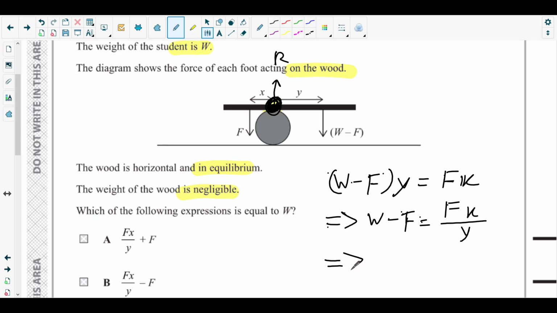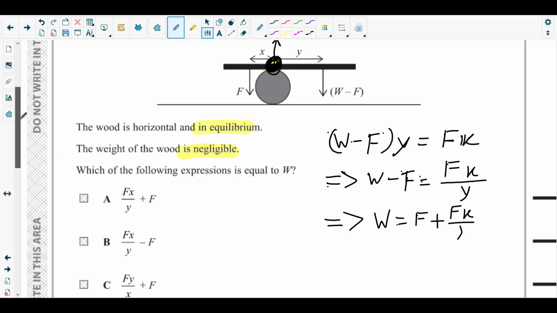We need W, so W equals Fx over y plus F. Which one is the answer?